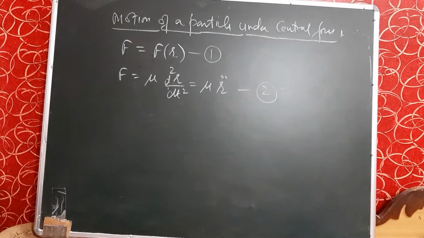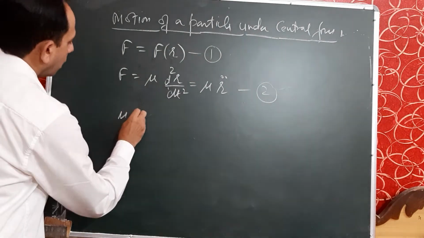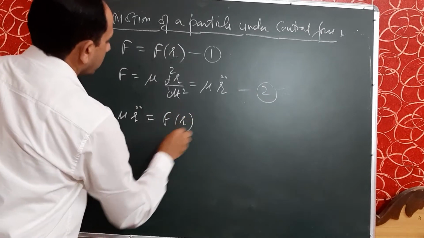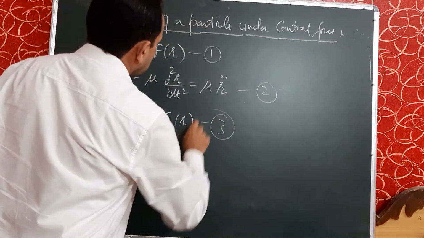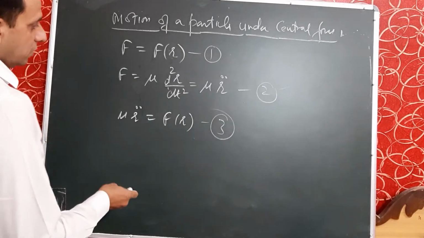We will compare equation 1 and 2. We will get mu R double dot is equal to F of R, this one. So this is equation number 3rd, this one.